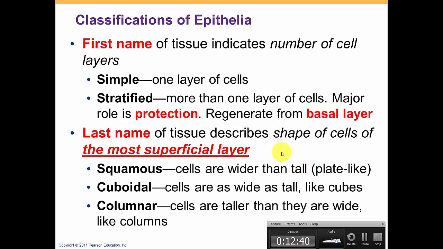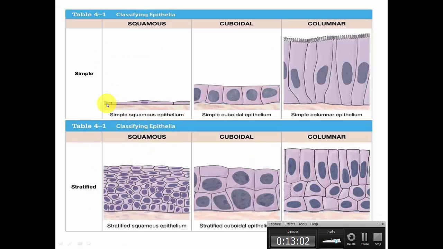Now, the classification of epithelium. The epithelium, just like you and I, has a first name and a last name. The first name is either simple or stratified, and the last name is either squamous, cuboidal, or columnar. So let's go to this slide here.